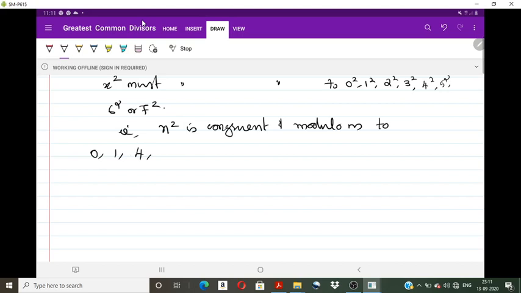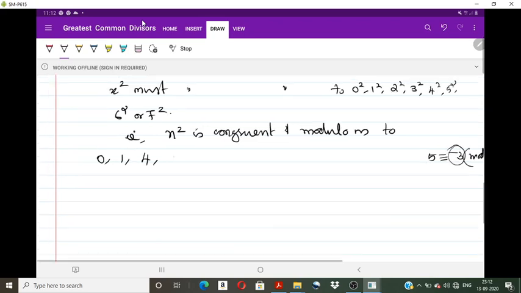Now 4 square is 16, 16 is 0. Then 5 square. We can reduce the number 5 under modulo 8 as 5 is congruent to minus 3 modulo 8. So instead of 5 we can use minus 3.